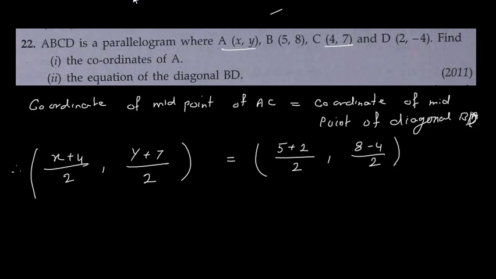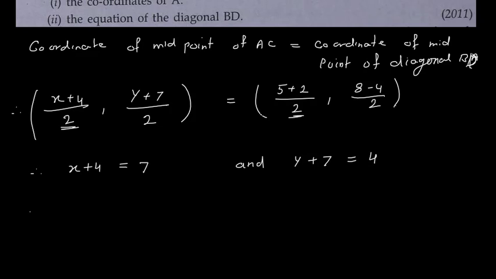So we equate this part with this part. So x plus 4 will be equal to 5 plus 2, 7, and we have y plus 7 is equal to 8 minus 4, which is 4.